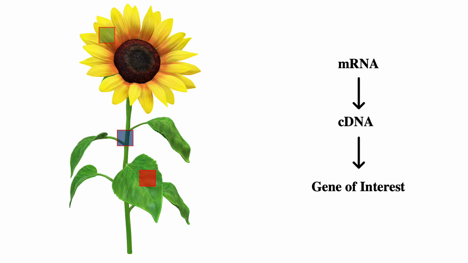Quite similarly, this approach can be used to determine which tissues within an organism are expressing a particular gene, by extracting mRNAs from different tissues and going through the same process with the cDNA and amplification to see which tissues or samples contain the mRNA associated with the gene of interest.